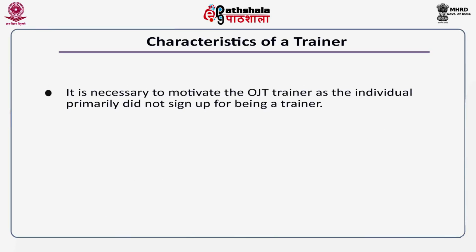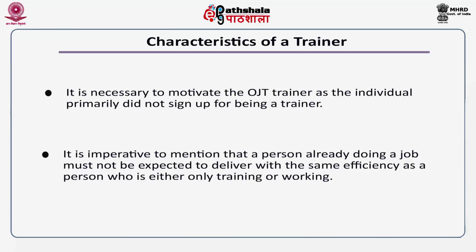It is necessary to motivate the OJT trainer as the individual primarily did not sign up for being a trainer. It is imperative to mention that a person already doing a job must not be expected to deliver with the same efficiency as a person who is either only training or working.